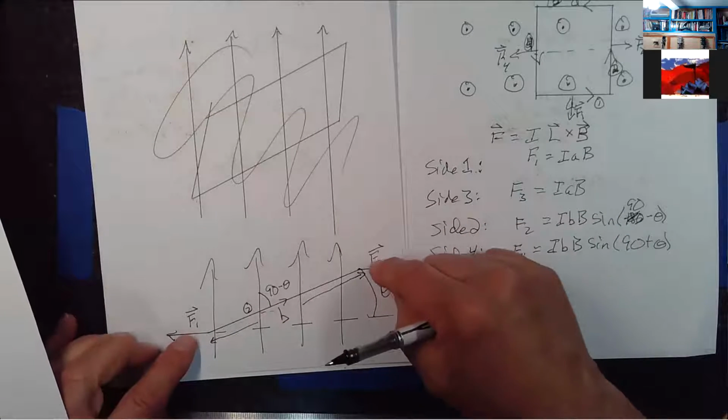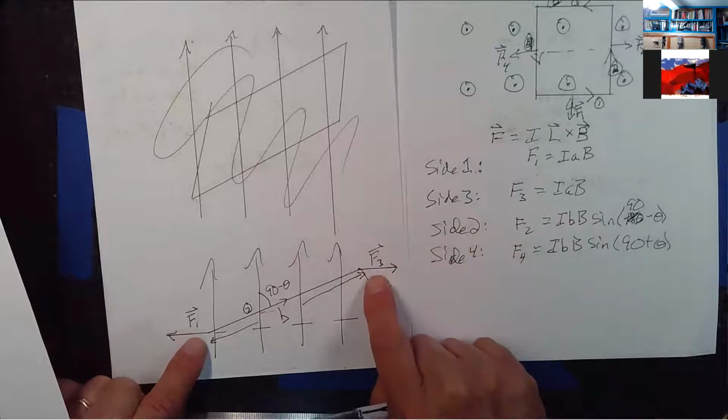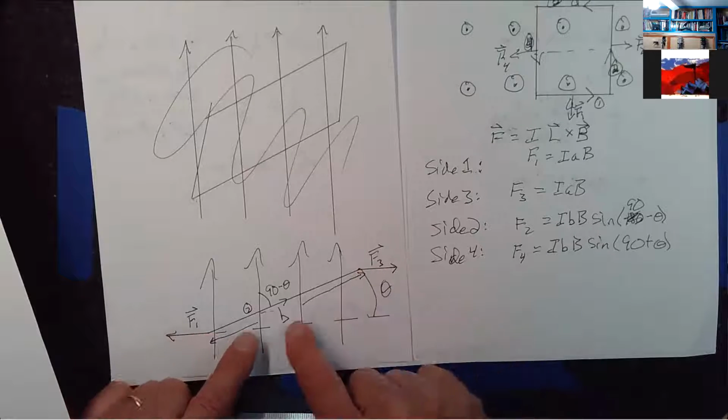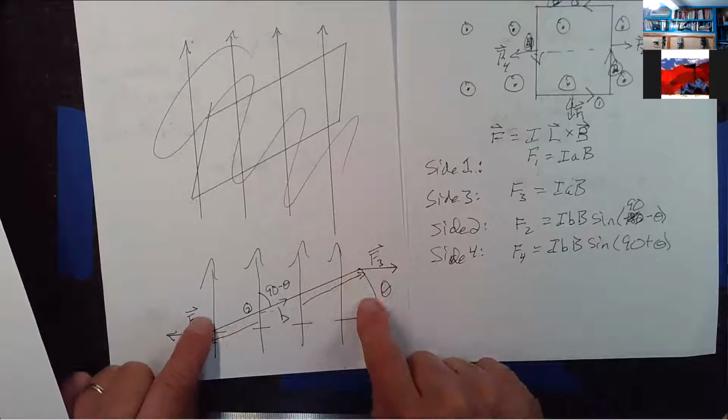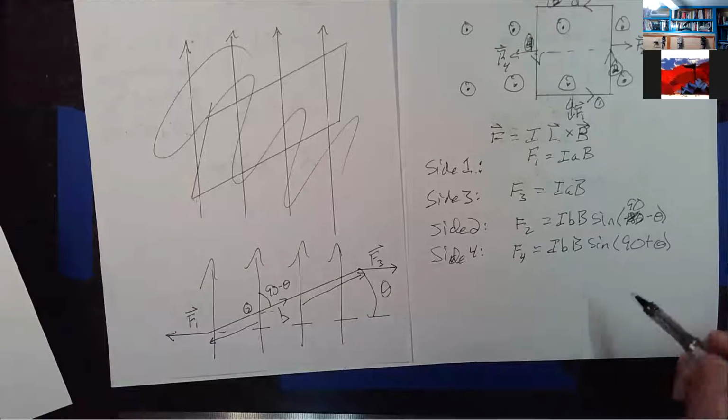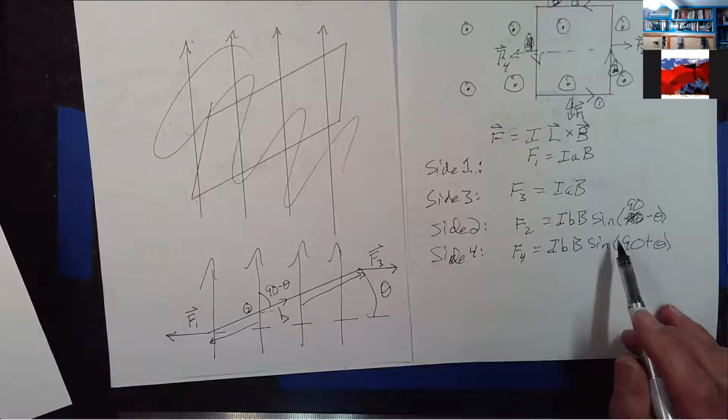And you can imagine these two forces, F1 and F3, acting to make this plane current loop flatten out. And so anyway, that's what's happening in that case.